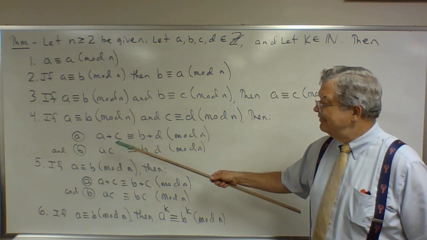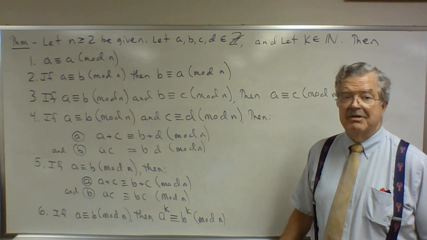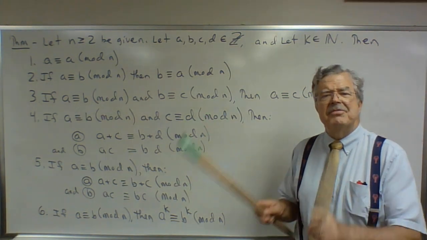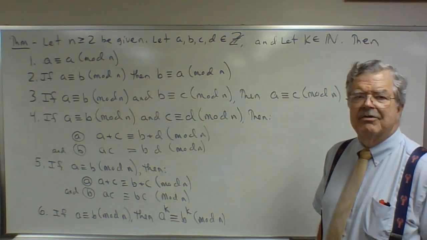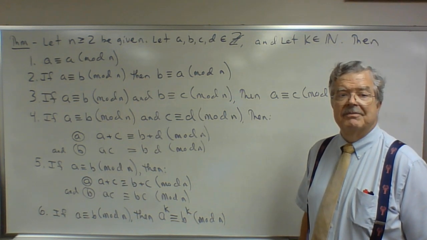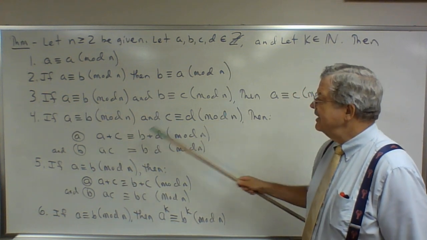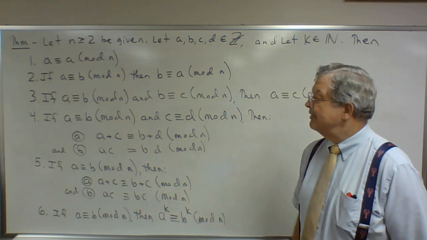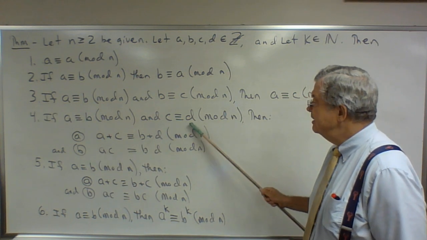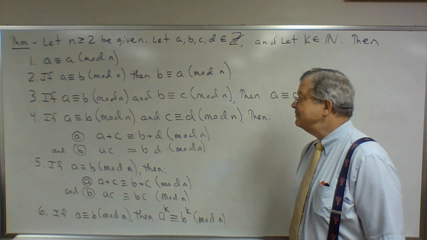We can add the left sides together and the right sides together, and we still have an equation. The same thing holds for congruences. We can add congruences. Take the left side, A, C, add them together. Take the right side, B, D, add them together. We still have a congruence.